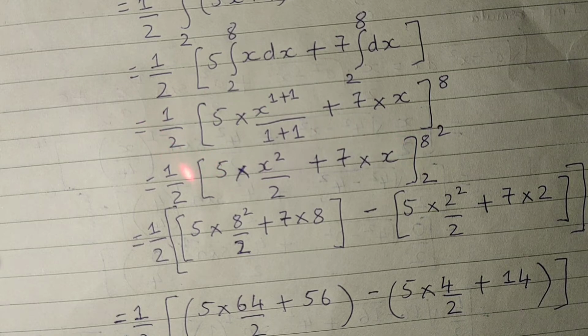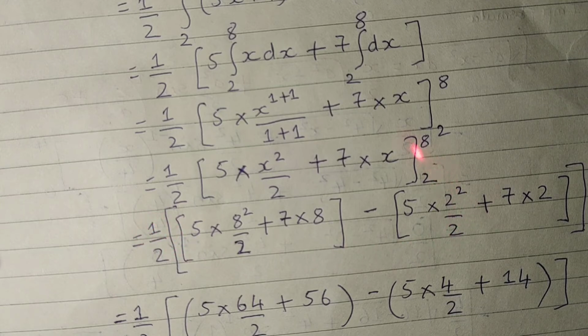So here also you have to bring down the 1 divided by 2, square bracket, 5 into x square divided by 2 plus 7 into x, square bracket 8 and 2. 8 is the upper limit and 2 is the lower limit. Now this 1 divided by 2 is taken outside the square bracket.